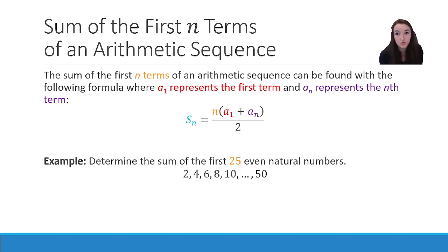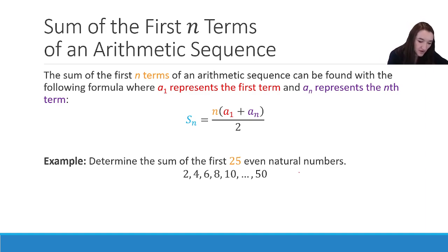But if I didn't know that it got me up to 50, how would I figure it out? It's one we could figure out. So let's do that. You might know that the 25th even number is 50 because it kind of makes sense, but it only kind of makes sense because you're actually doing the general term equation in your head and you just don't realize it.